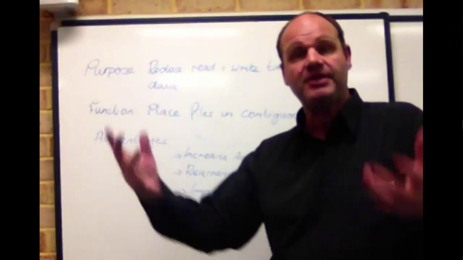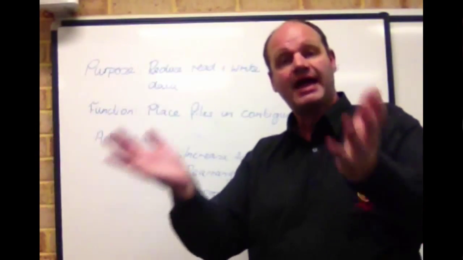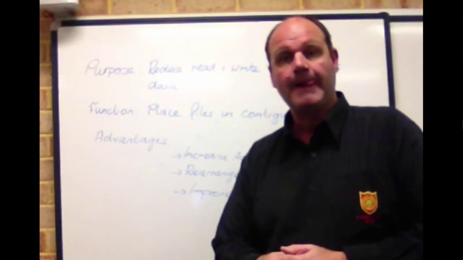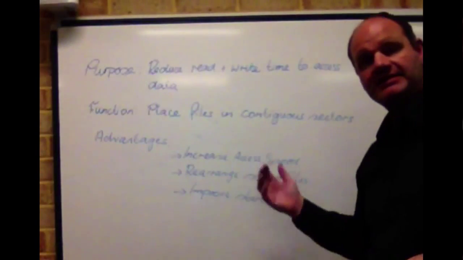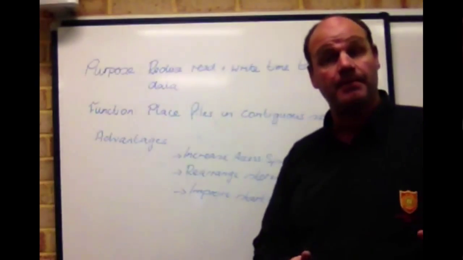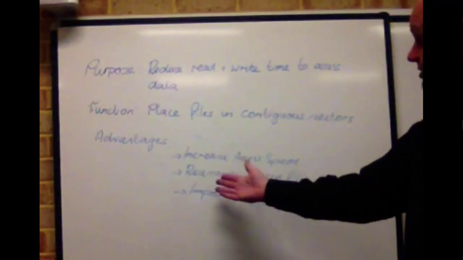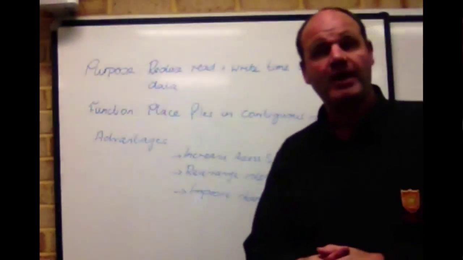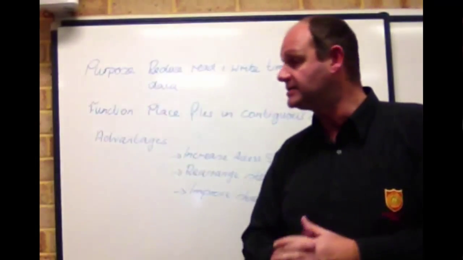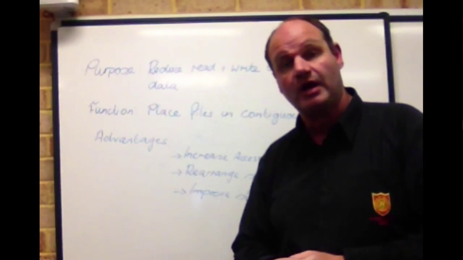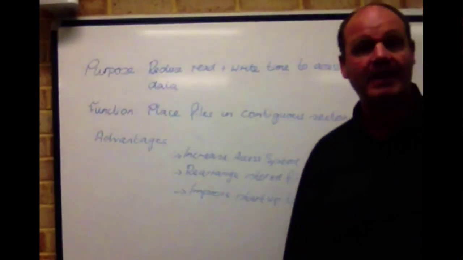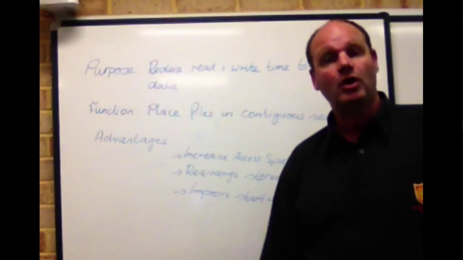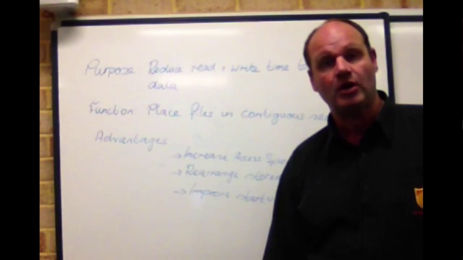So it's going to pick everything up where it's all over the hard drive and place it in one spot. The advantage of all that is that it's going to increase our access speed. We're going to be able to open up programs that much more quickly. It's going to rearrange all those files into an organised fashion on the hard drive. And it's going to improve the startup time. We're going to be able to get going a lot quicker on a computer once we've turned it on.